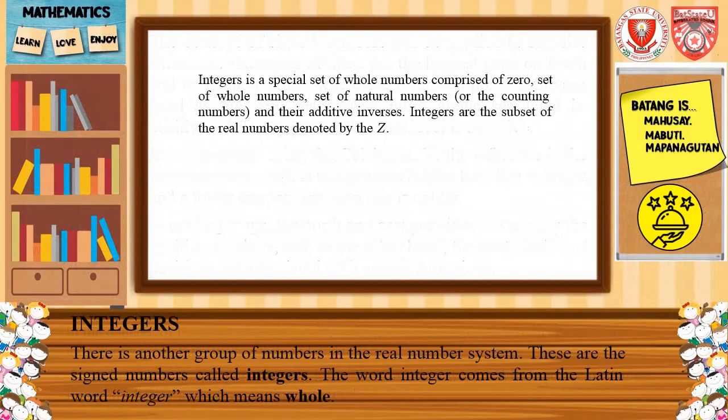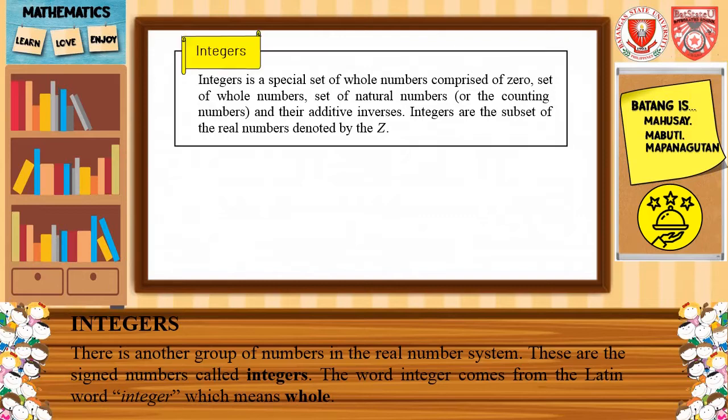Integers. There is another group of numbers in the real number system. These are the signed numbers called integers. The word integer comes from the Latin word integer, which means whole. Integers are a special set of whole numbers comprised of zero, the set of whole numbers, and the set of natural or counting numbers.